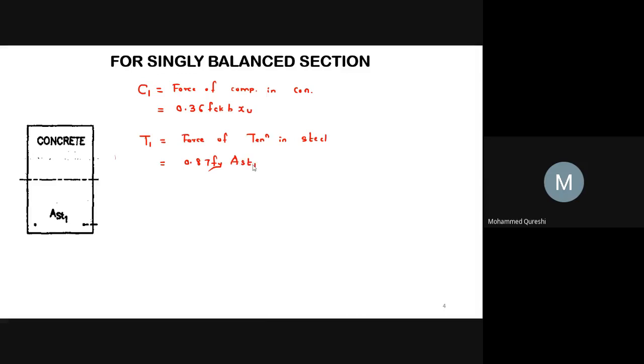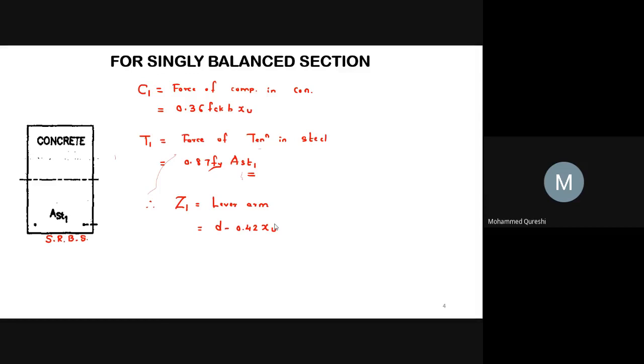Ast1. I have written here only T1 because we are talking about the singly RC balanced section, meaning our first divided portion. Next is our Z1, that is the lever arm, and we know that the lever arm Z1 equals d minus 0.42 xu.